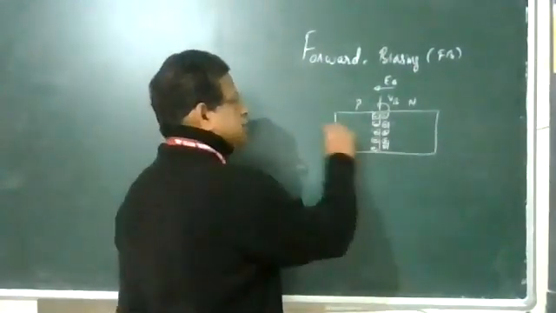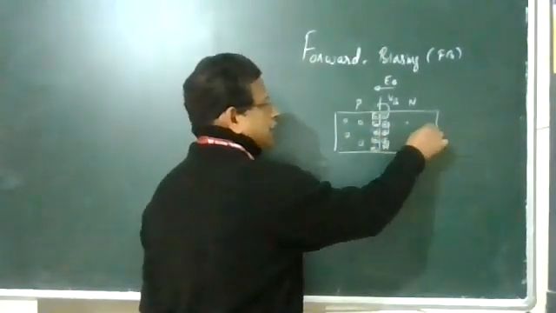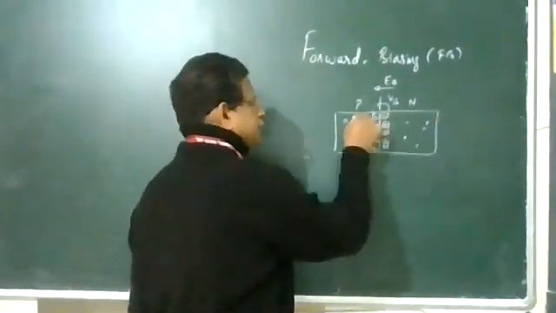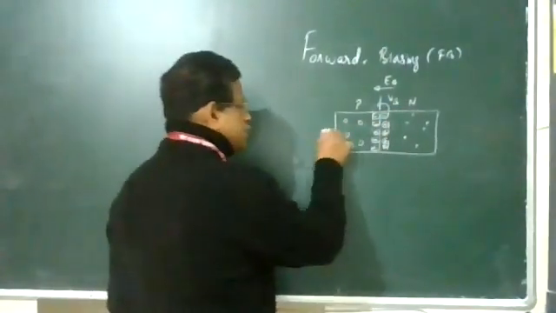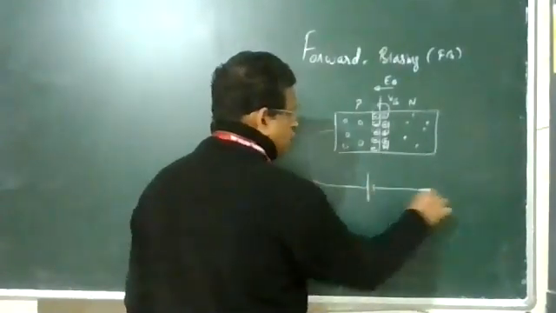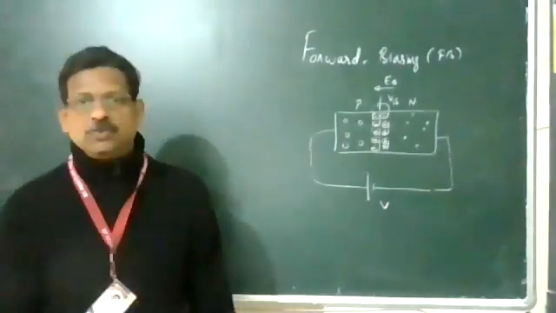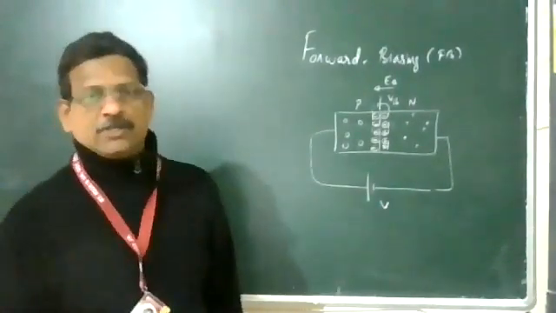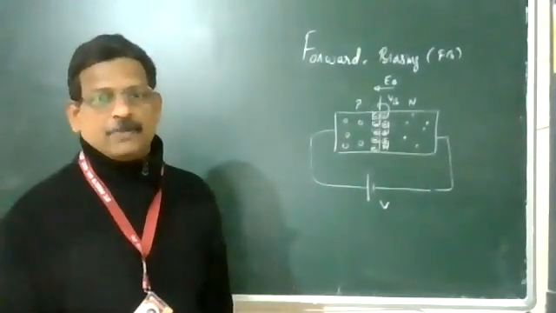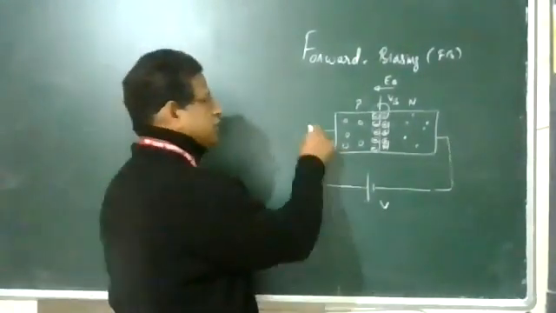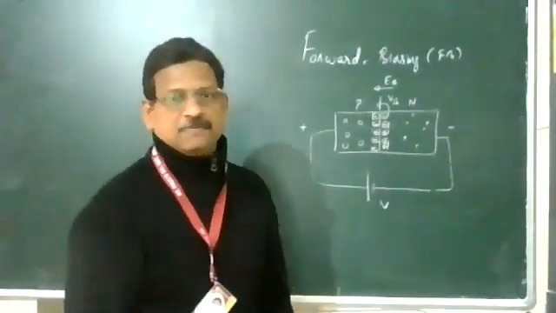Under this condition, you have majority electrons on the N side and majority holes on the P side. As soon as you connect a battery outside, with positive connected to the P side and negative connected to the N side, what is the direction of the applied electric field?